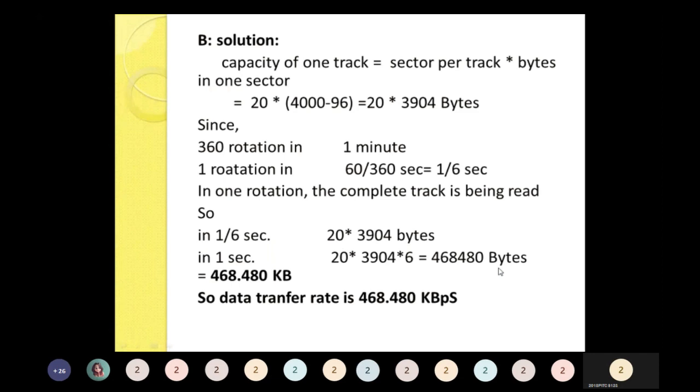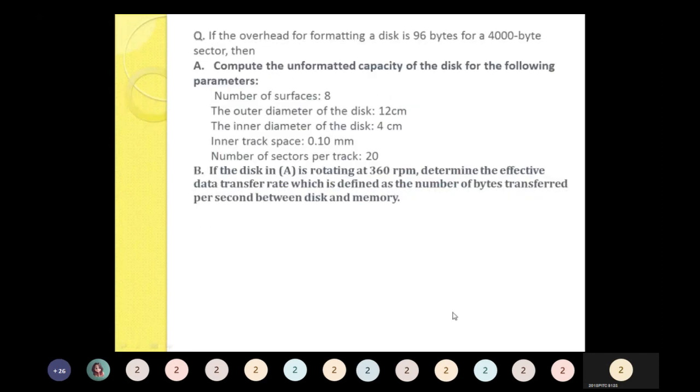Now we have to write it in KB format, that's 468.480 KB, and the answer is 468.480 KBps. This is the answer for question A and B.